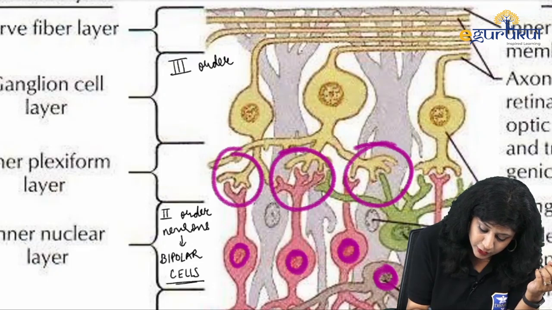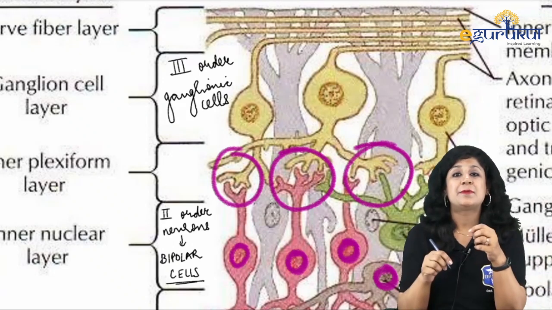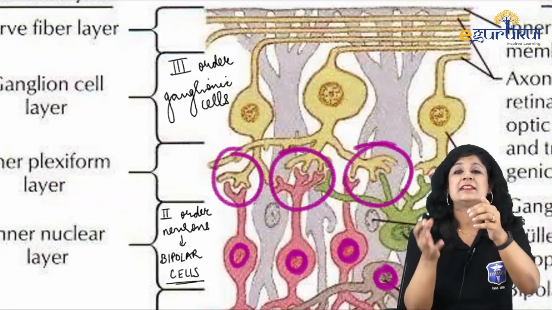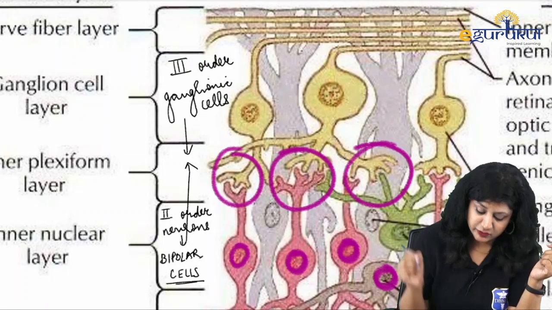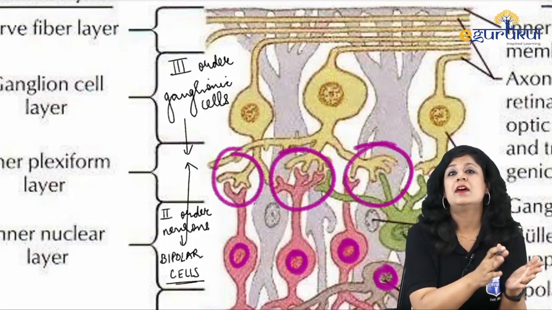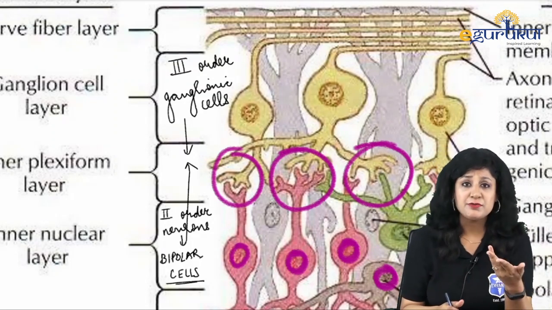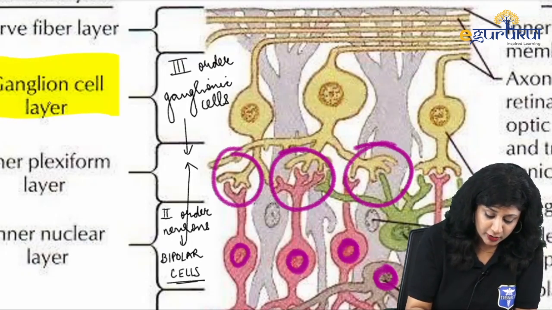The third order neurons are the ganglionic cells. So again it is very easy to remember that this synapse will be between the bipolar cells and the ganglionic cells. The ganglionic cells from here and the bipolar cells from here are synapsing and forming your inner plexiform layer.